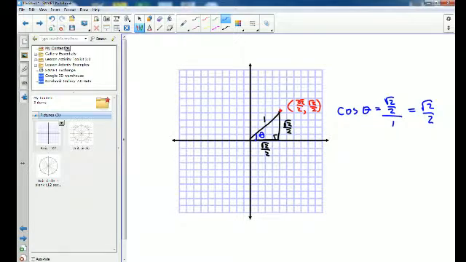So cosine 45 is root 2 over 2. What's the sine? Also root 2 over 2, right?